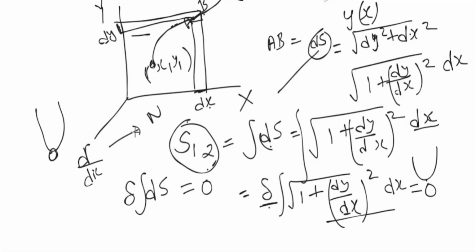This is one example in which we find the shortest distance between 2 points, and what we have got is that delta of this is equal to 0, or the small variation with respect to that curve is equal to 0. So let's talk about another example with a similar situation.